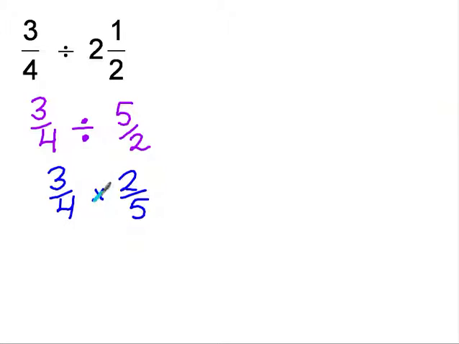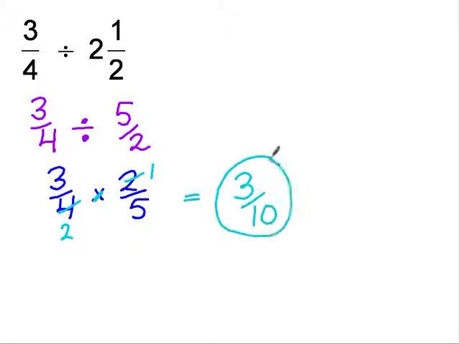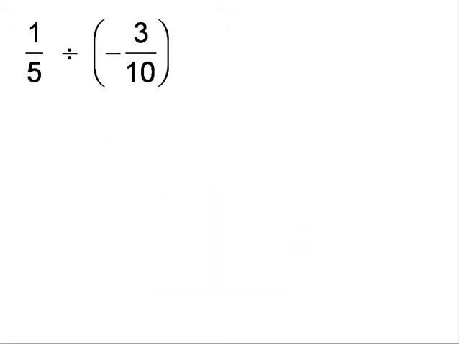What goes into both? 2. 2 goes into 2. 2 goes into 4. So your answer is 3 over 10. Now, if you didn't see that to cancel, you would have gotten the number 6/20, in which case you would have had to reduce it. So if you forget and you miss it, it's okay. You'll be able to pick it up in the answer. It just makes it a little easier if you remember to do that early on.